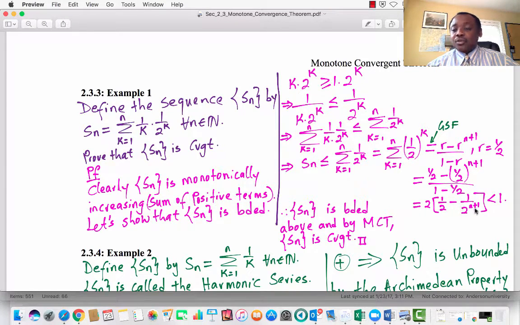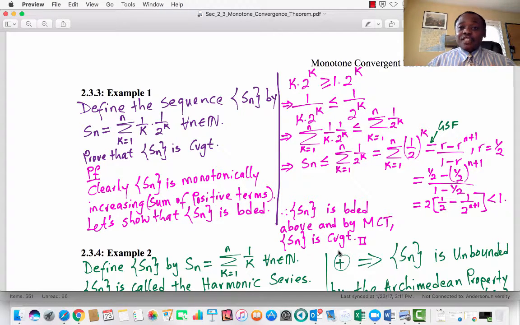It doesn't matter how small the positive term is, my difference will be less than 1. In other words, Sn is less than or equal to 1 for every natural number n, i.e., the sequence Sn is bounded above. Therefore, by the monotone convergence theorem, MCT, my sequence Sn is convergent.